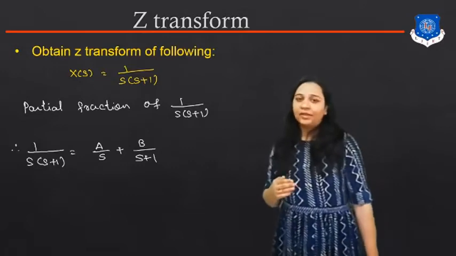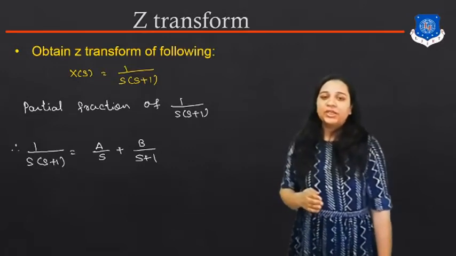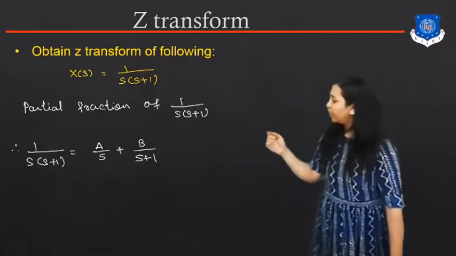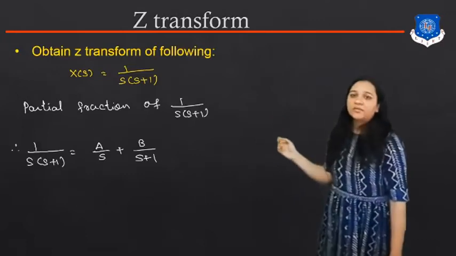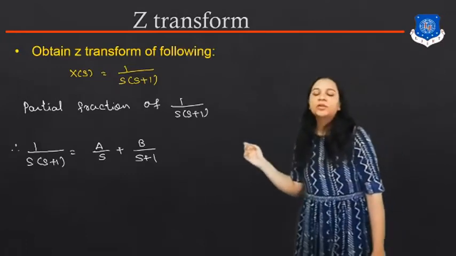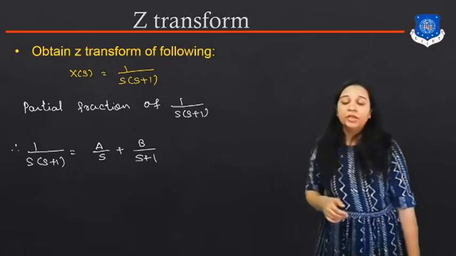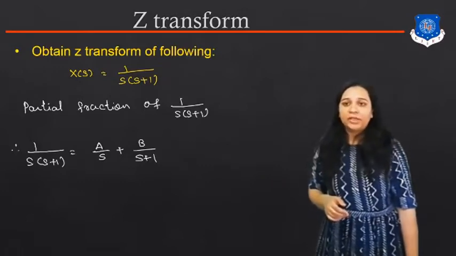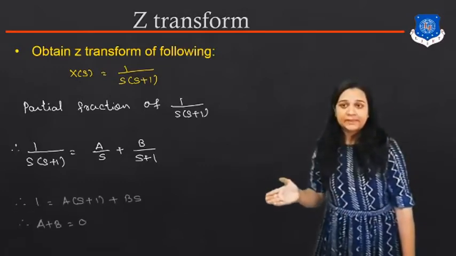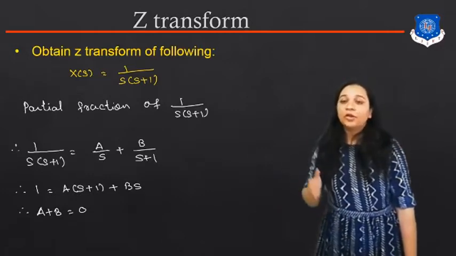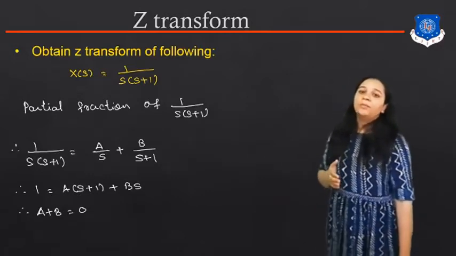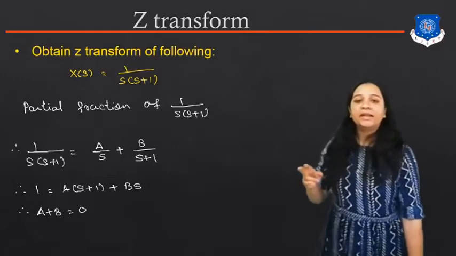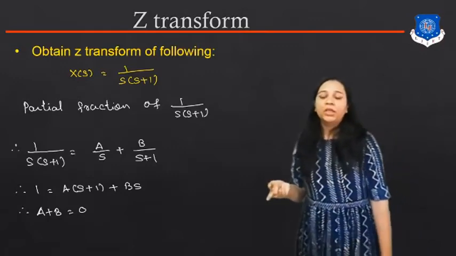We have to find the values of A and B. So the equation will become 1 upon s into s plus 1 equal to A by s plus B by s plus 1. So find the values of A and B. The simplified version is 1 equal to A into s plus 1 plus B into s. Compare both side terms here.